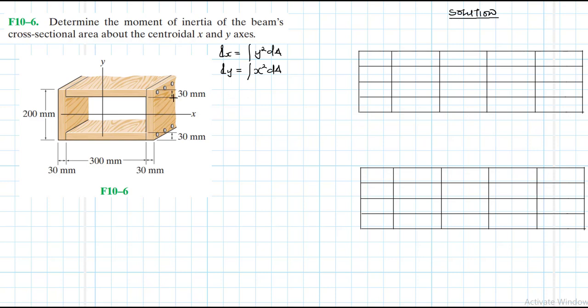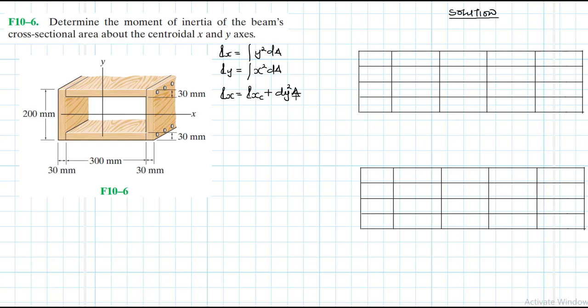So we are going to use the parallel axis theorem for this particular problem, which is simply defined as: moment of inertia about the x-axis, I sub x, is equal to I sub xc, which is the centroidal moment of inertia about the x-axis, plus dy squared times area.